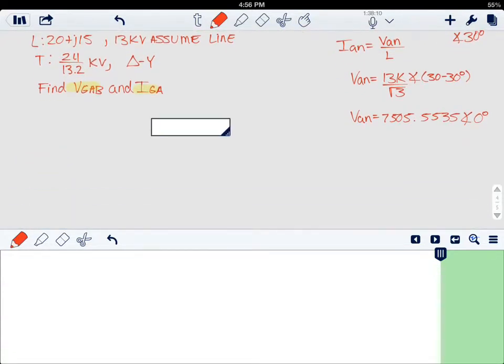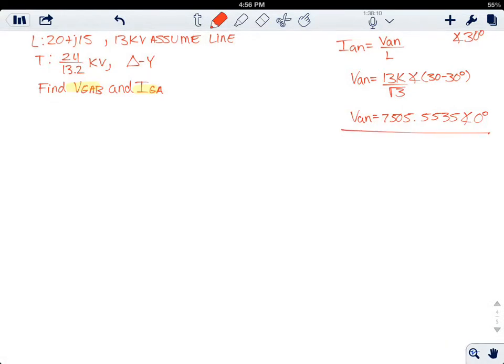Now, knowing this voltage, we can calculate this current.